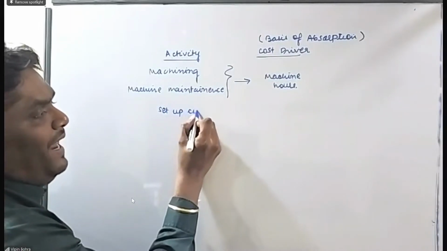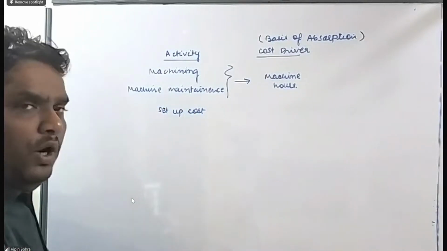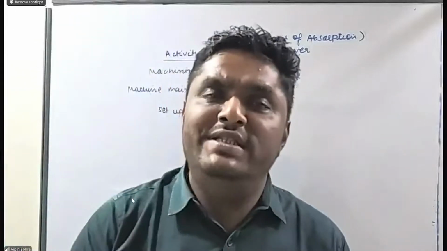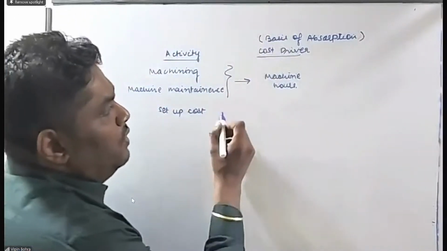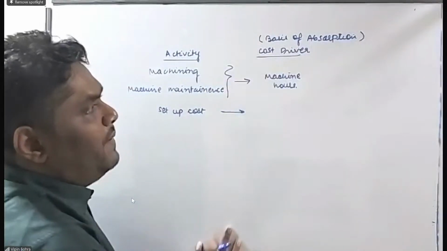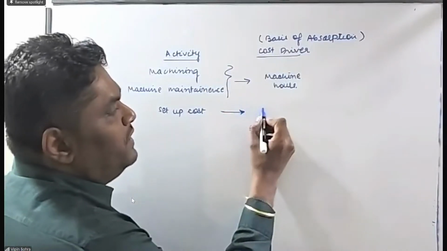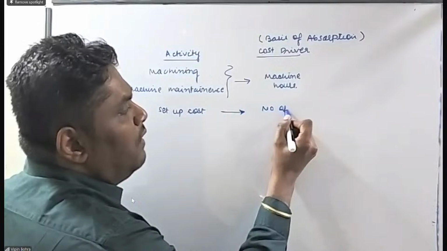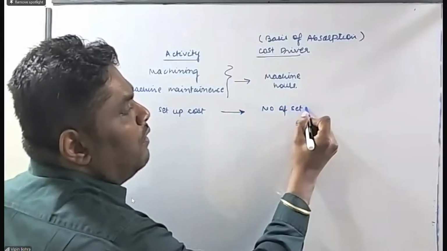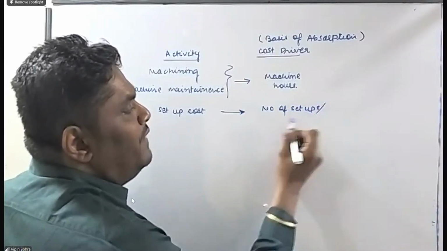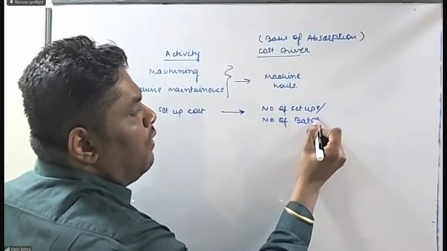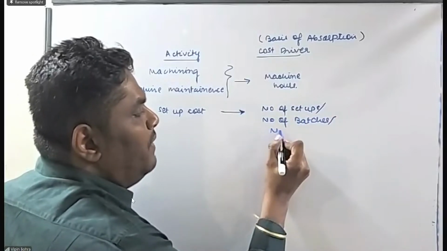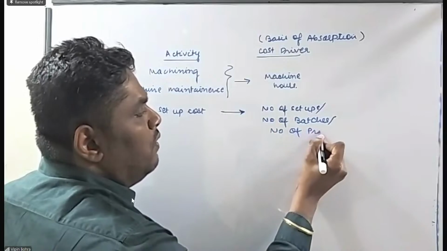Setup cost can be an activity, that is, whatever costs are associated with setting up. When talking about setup cost, the basis of absorption can be the number of setups, or the number of batches, or it can be the number of production runs also.